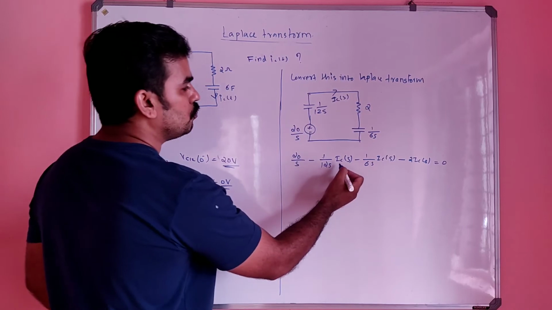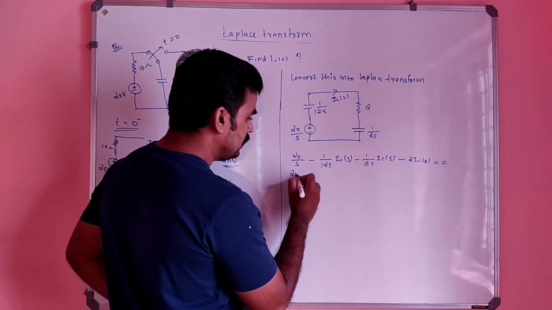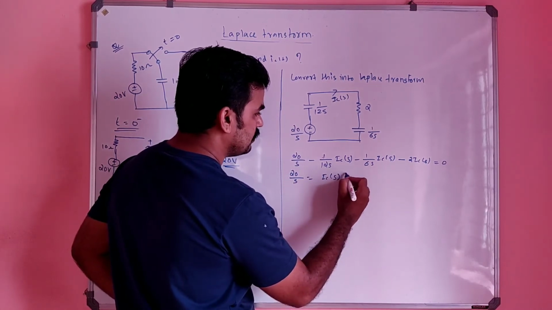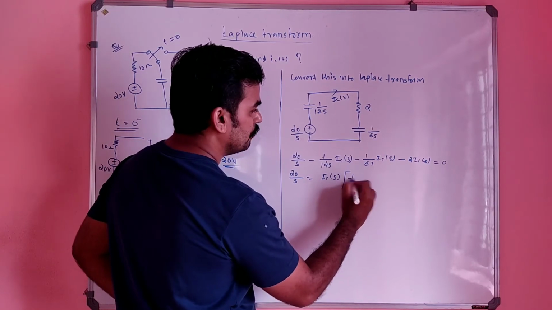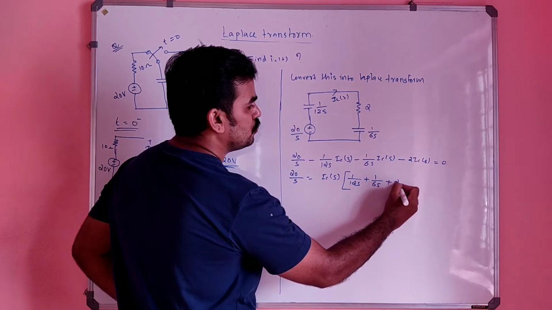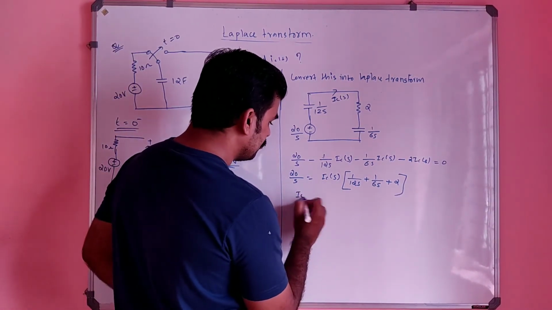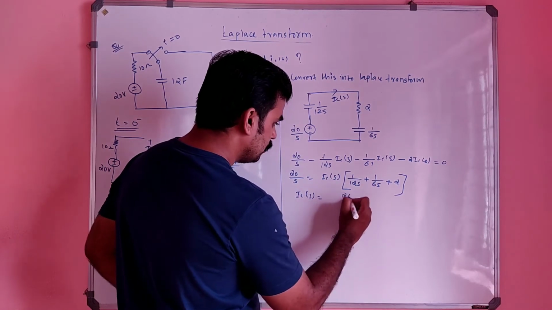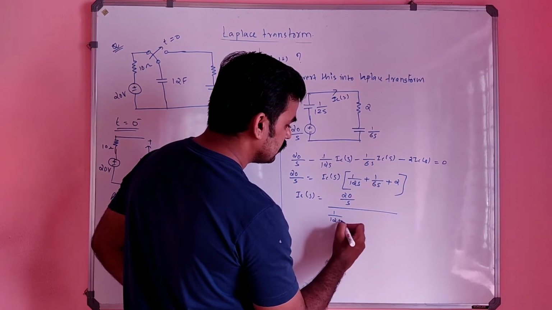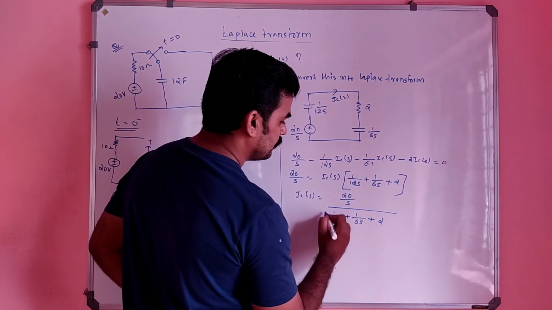Which is nothing but 20 by s equal to IC of s into, listen very carefully, 1 by 12s plus 1 by 6s plus 2. So IC of s is nothing but 20 by s whole divided by 1 by 12s plus 1 by 6s plus 2.